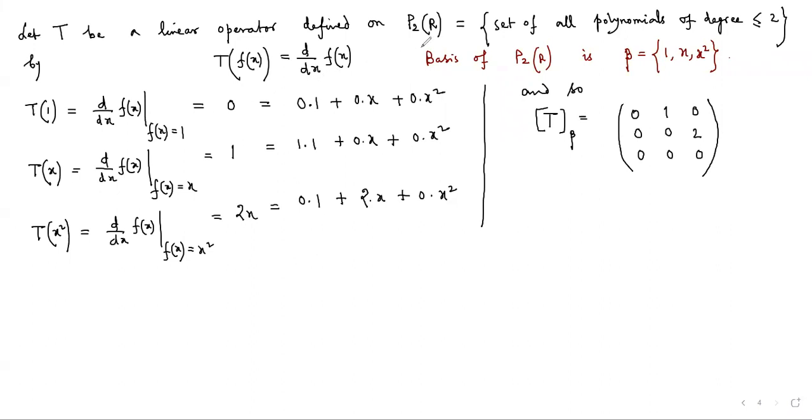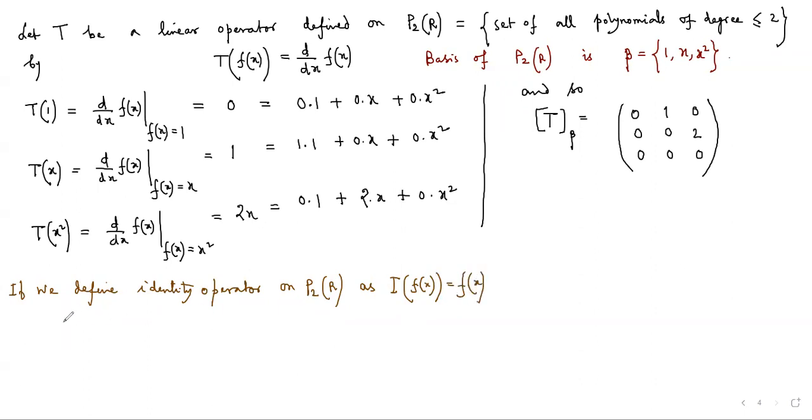One other thing, which will be required for the calculation: if we define the identity operator on P2R as I of f(x) equals f(x), then I of 1 will be 1, which is 1 into 1 plus 0 into x plus 0 into x square.